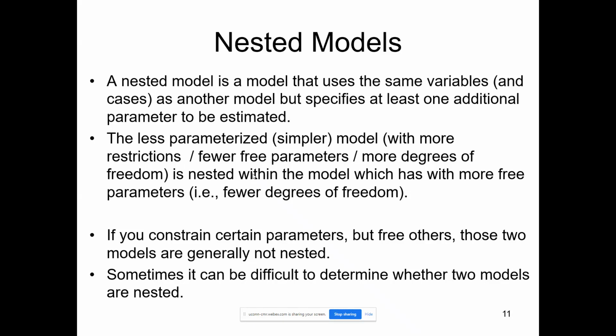And again, I say, if you constrain certain parameters but free others, those 2 models are generally not nested. I say generally because sometimes it's hard to tell when models are nested, because on the surface they don't look nested. But again, it's all about the structure of the variance covariance matrix. So lurking at a deep level, they might not look nested, but they are, which is why I'm hedging my bets.